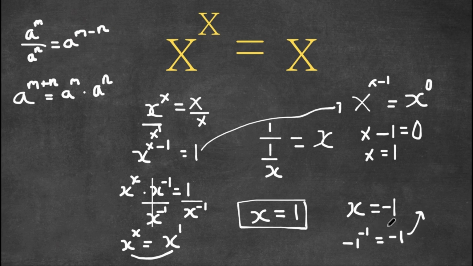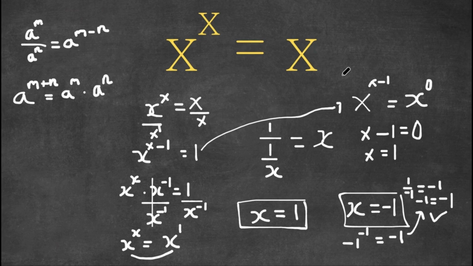Well, -1 to the power of -1 is simply 1 over -1, and this is equal to -1. So -1 equals -1, and this is right. So x equals -1 is also a solution to this equation.